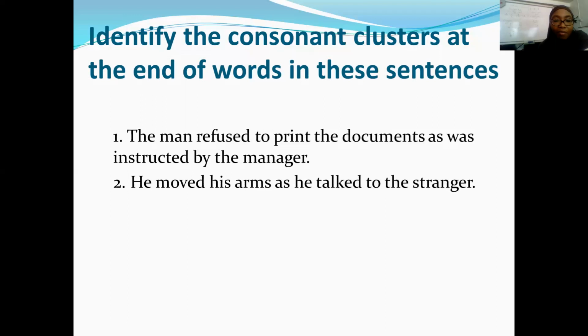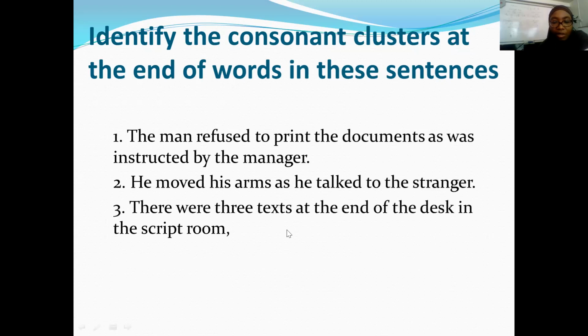Number 2 sentence, you have: he moved his hands as he talked to the stranger. How many words in this sentence have consonant clusters at the end, the final position? Then the third sentence: there were 3 texts at the end of the desk in the script room.